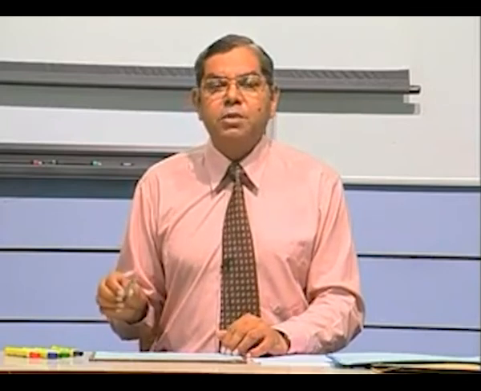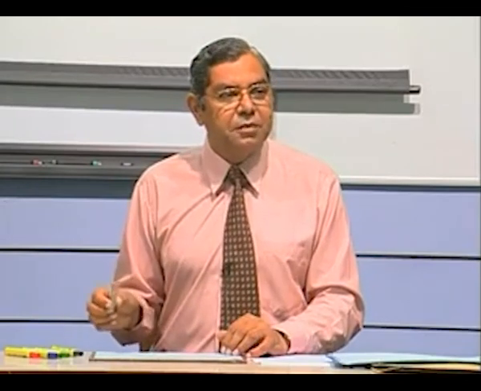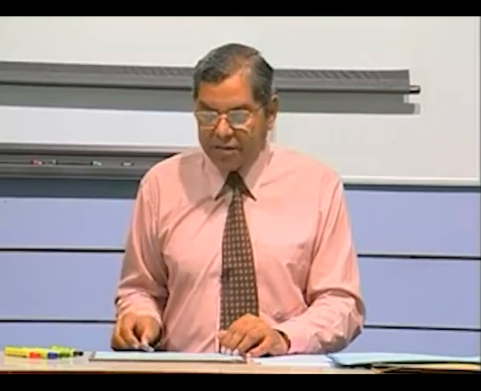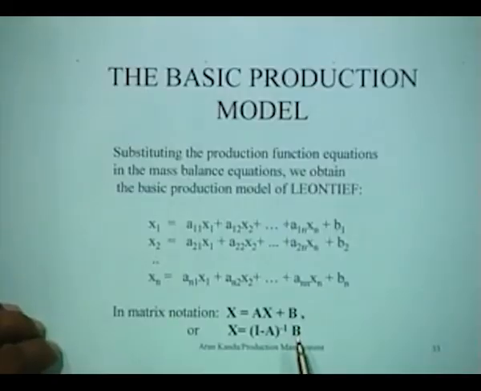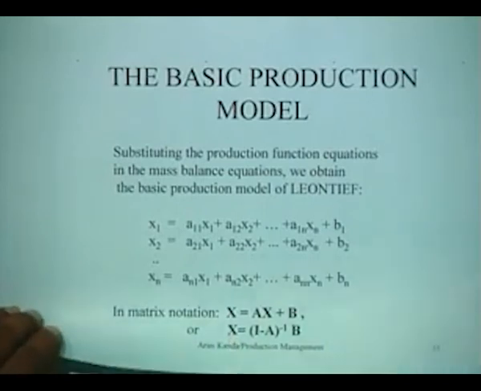It finds out by talking to different sectors what is likely to be the demand in the next 5 years. Different people converse and they generate the vector B, and once the vector B is known and assuming that the input output coefficients remain unchanged, you can calculate what the production target should be. That is the basic idea of the basic production model.